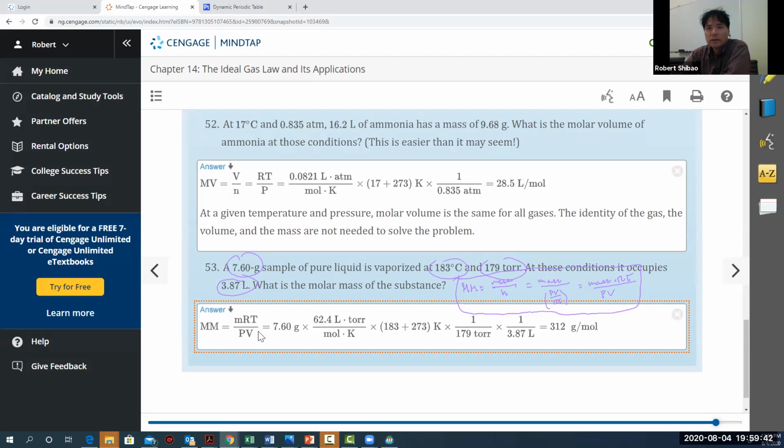This would have been a little bit tricky for dimensional analysis, because where do we start? Well, we know that liters, according to Avogadro's, is directly proportional to moles. This could have been a tricky start, because I probably would have started like this, 7.60 grams. So that's what we want on top. And then I would have gone 3.87 liters on the bottom. And so we have this many grams per liter.